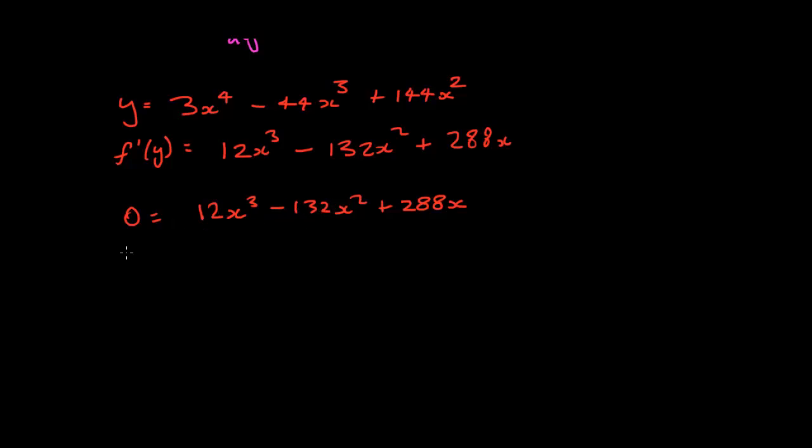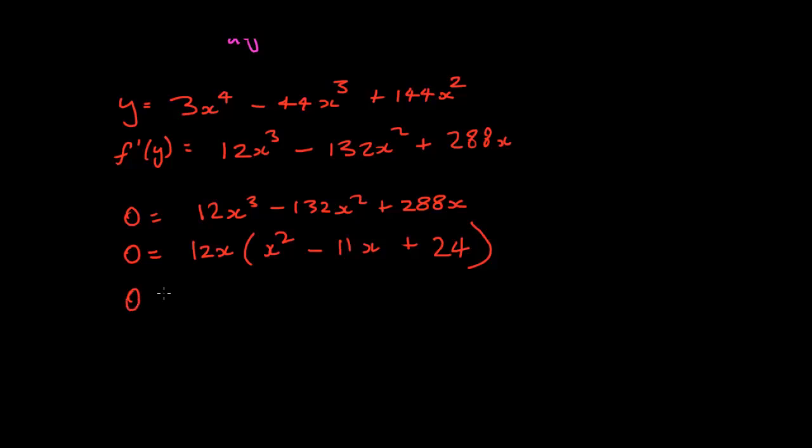So 12x comes out, and we can write x squared minus, so 132 divided by 12, we get 11x over here, plus 288x divided by 12, 288 divided by 12 is 24. Now it makes it even more simple.